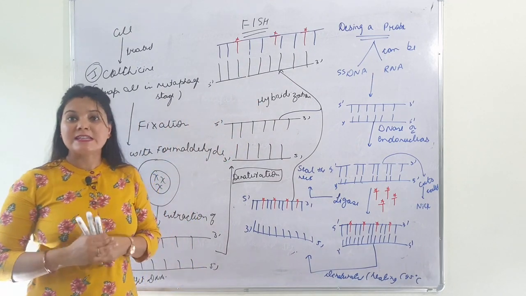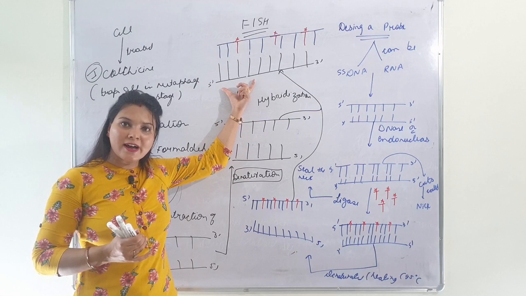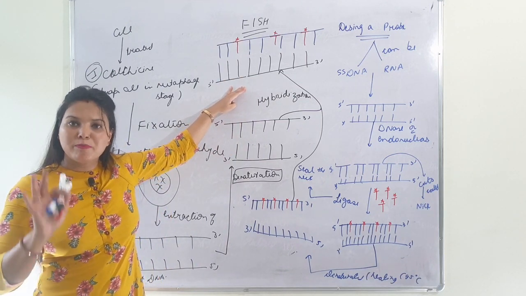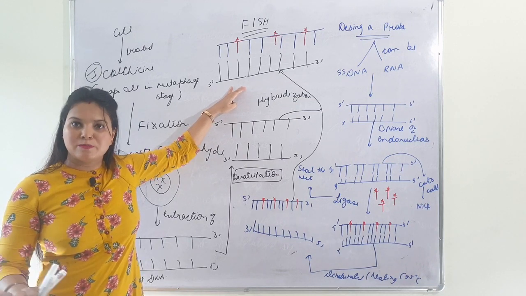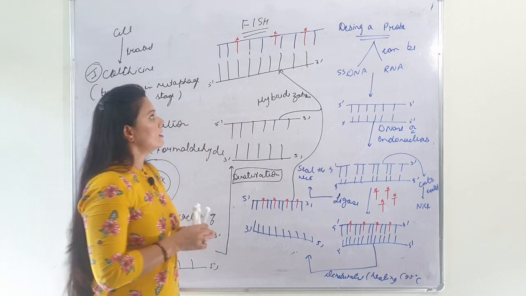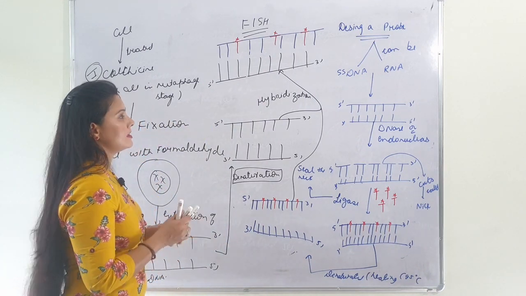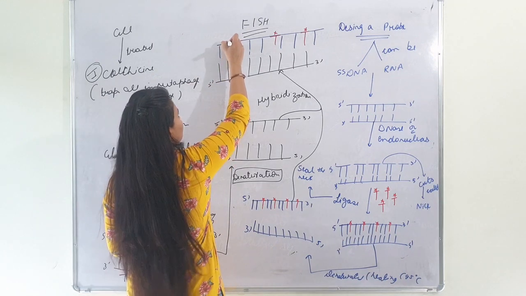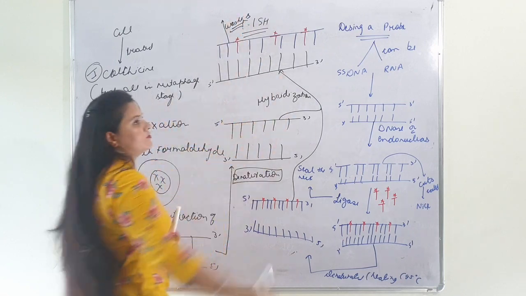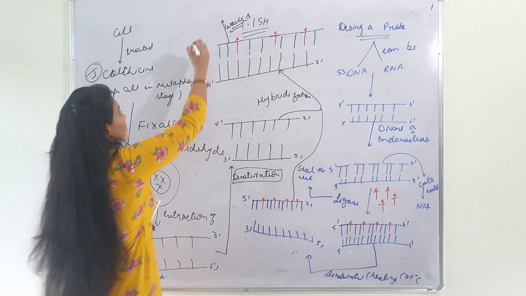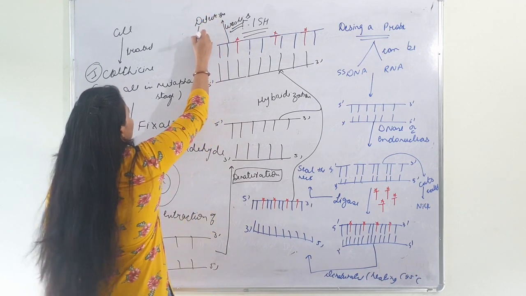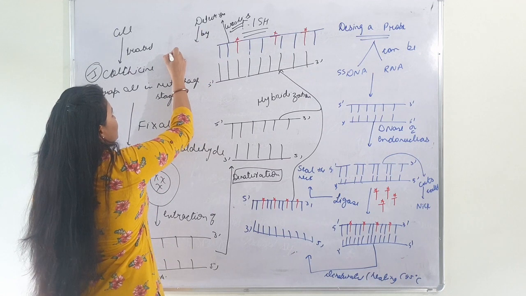If there is any site of mutation on this target strand, then the process of hybridization cannot occur. Our probe will not complementarily base pair with that mutated sample DNA strand. And now the next step is, as usual, washing to remove unhybridized probe, and then detection by fluorescent microscope.